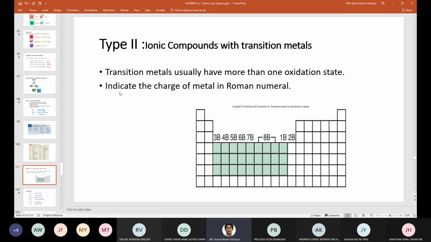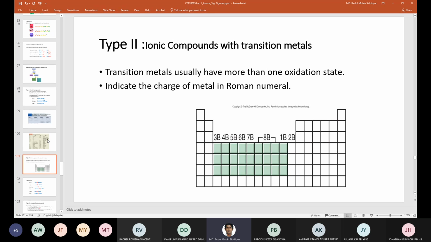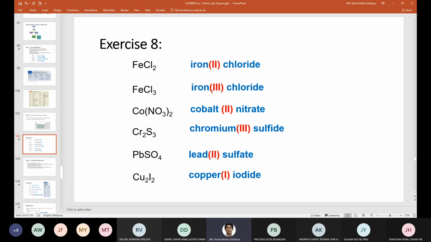So that is why we have to indicate the charge of the metal in Roman numerals. Like iron chloride, iron can have 2 and 3 both, right? So iron chloride is here, and we show that it is a 2 oxidation state for this iron.